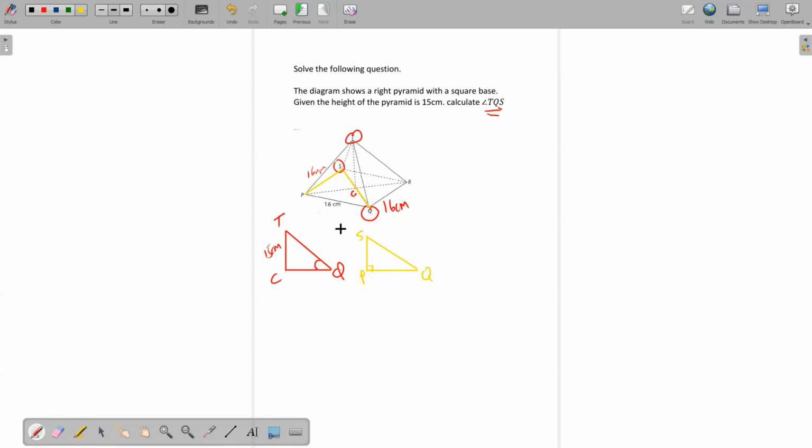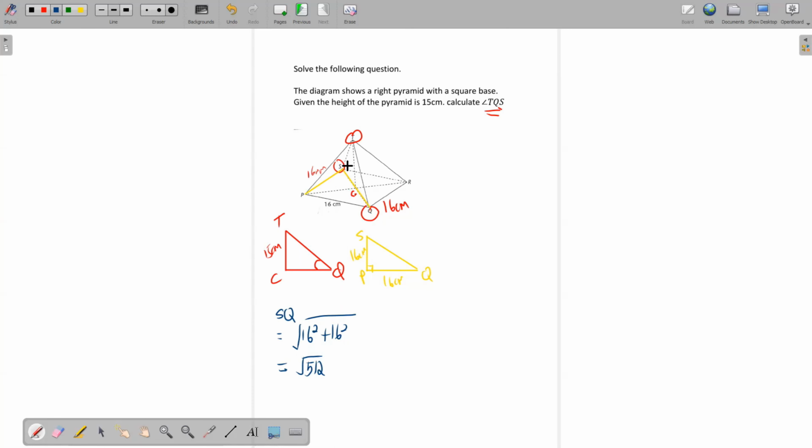You have right angle, so here is 16 centimeter. Now let us find our SQ first. SQ equals to 16 square plus 16 square, and then we square root it. So we will get root 512.